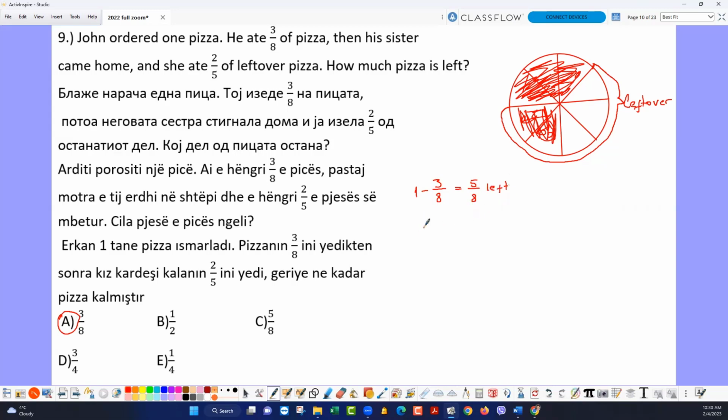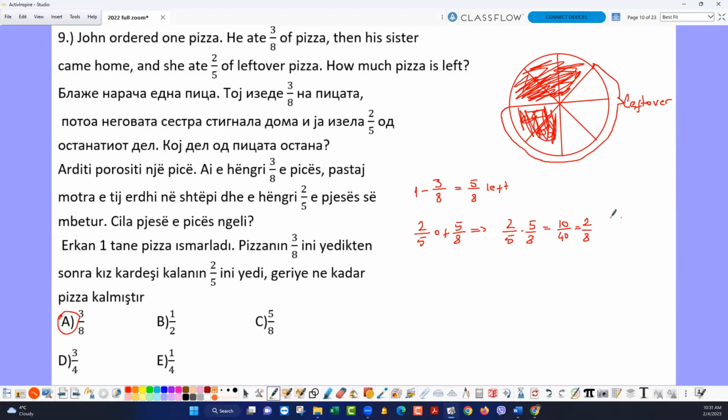And from 5/8, she's eating 2/5 of 5/8, which is 2/5 times 5/8. It's going to be 10/40, which, when you simplify by dividing by 5, is equal to 2/8.